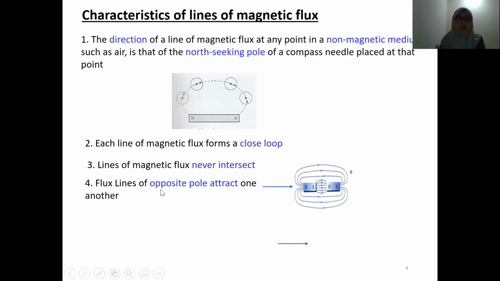The flux lines of opposite poles attract one another.